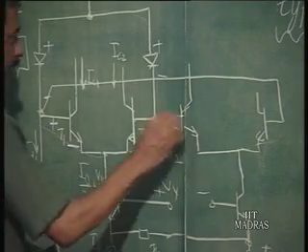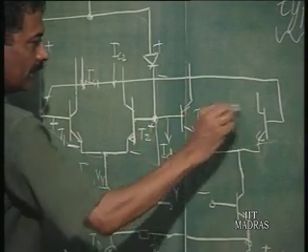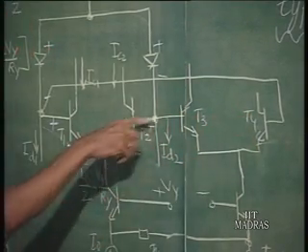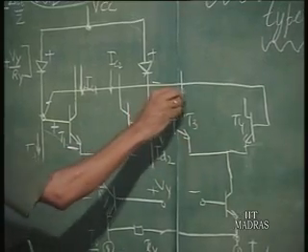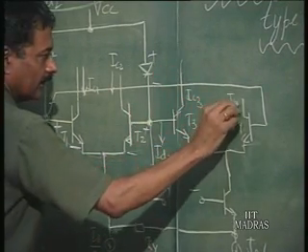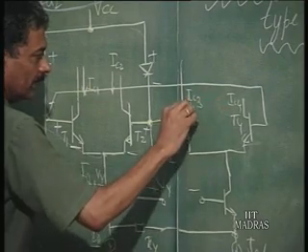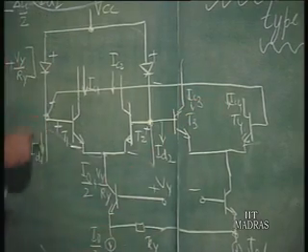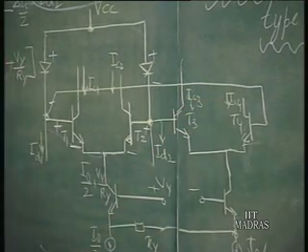So, we will call this T1, T2, T3, T4. The currents in T3 and T4 will be, let us say, IC3 and IC4. So, these ratios will be exactly similar to what we had as ID1 by ID2.